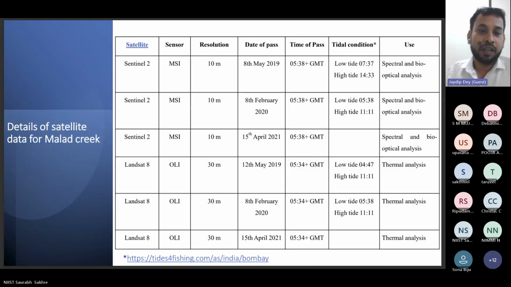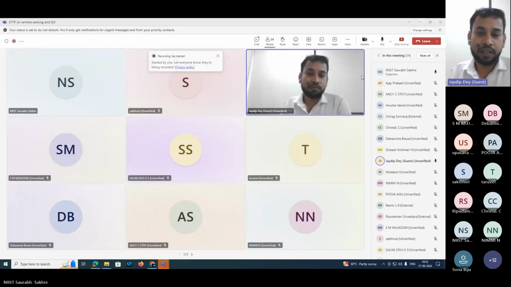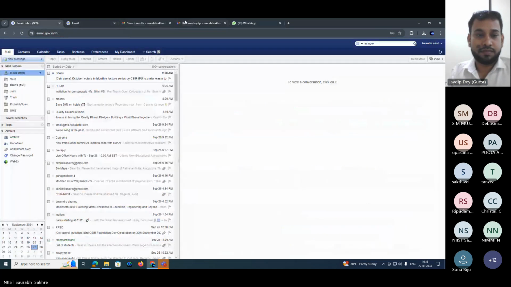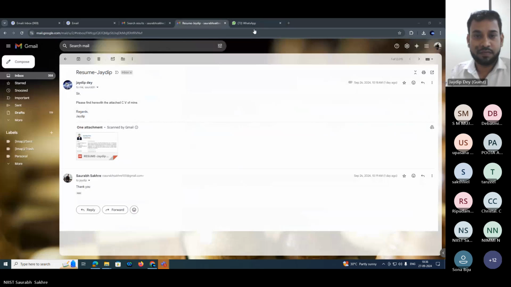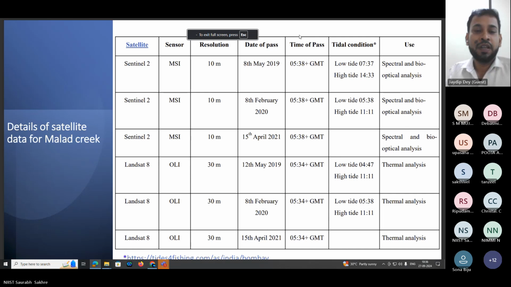Here I have used two types of satellite data, Sentinel-2 and Landsat-8.